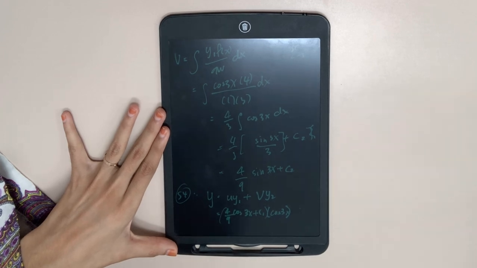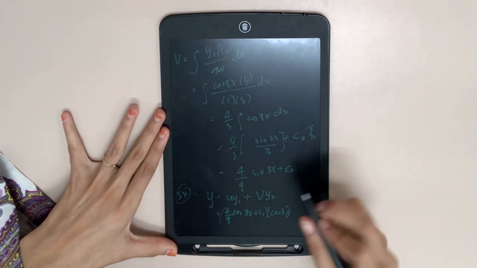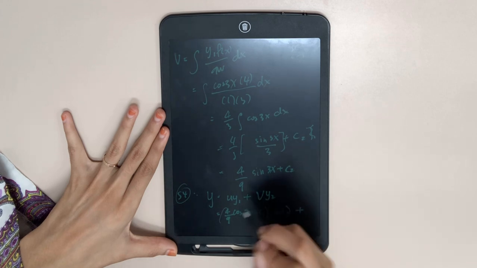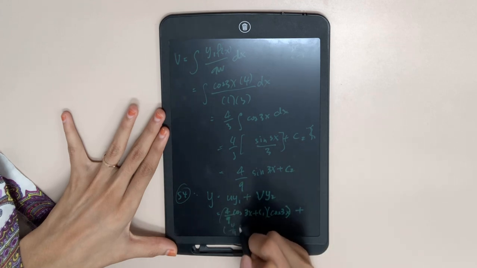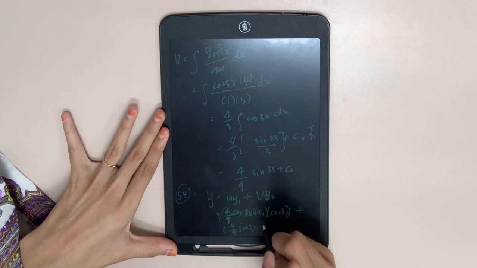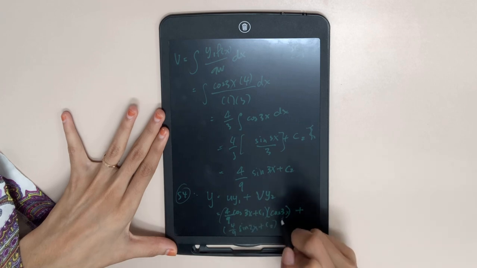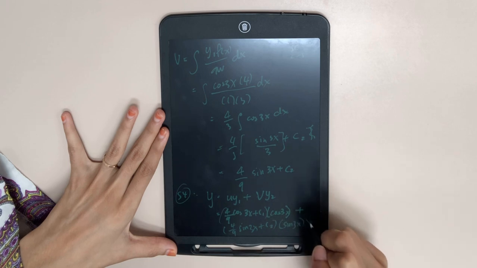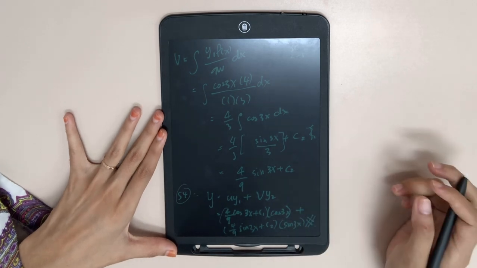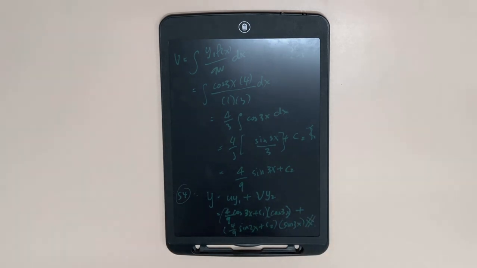And then plus your v, which is 4/9 sin 3x plus c2, and your y2 here is sin 3x. So this is your final answer.